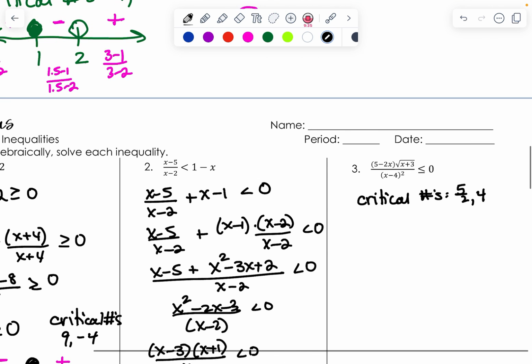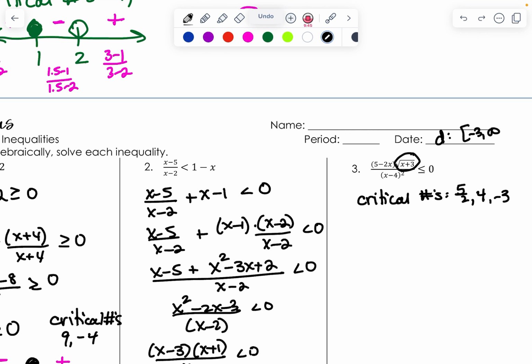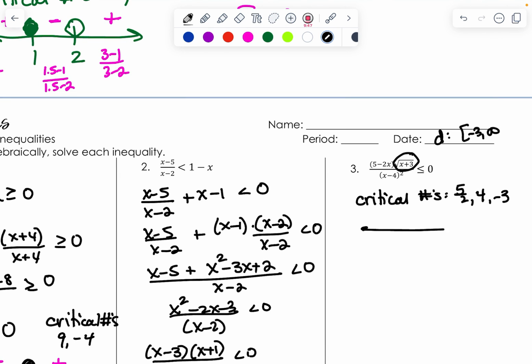The problem, though, and negative 3, the domain of this is negative 3 to infinity. So when I make my number line, this actually starts at negative 3. It can be closed. The 5 halves is closed and the 4 is open.